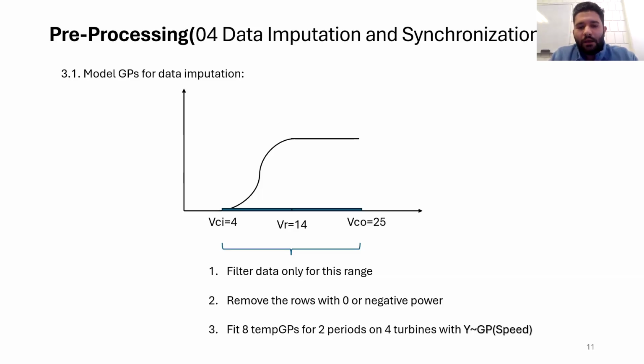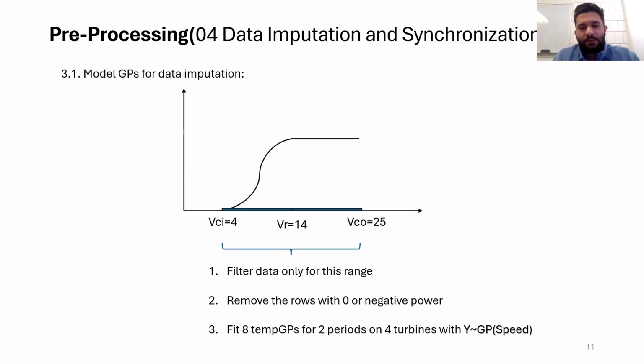And then they fit 8 temp GP models, because this study just uses turbines 1 to 4, and each one of them has 2 periods. The model is taking only speed as input, and temp GP is a Gaussian process model which handles temporal autocorrelation. In previous studies, we've seen that temp GP has at least 20% better accuracy compared to other machine learning approaches.